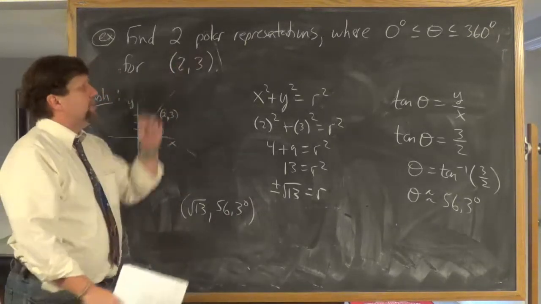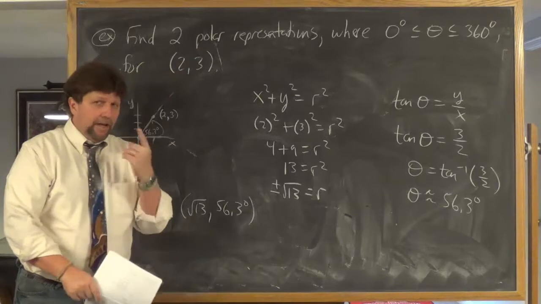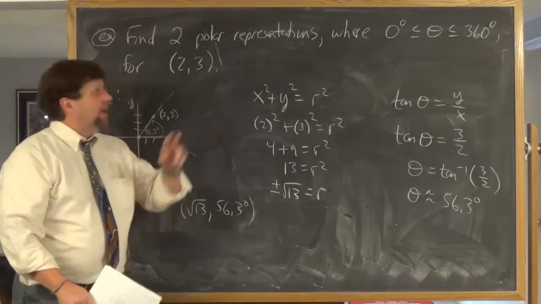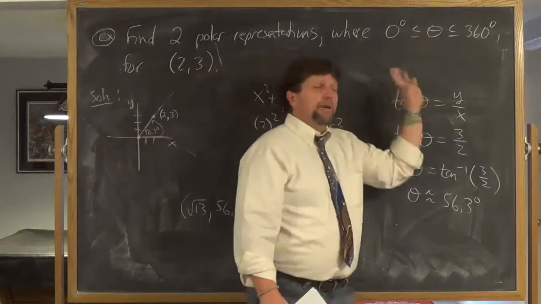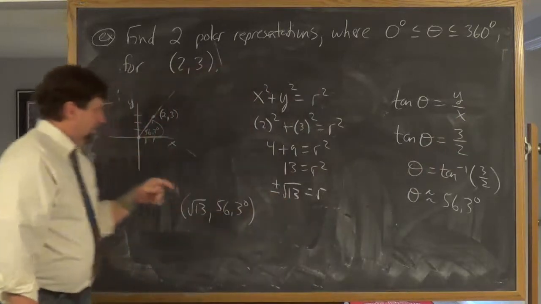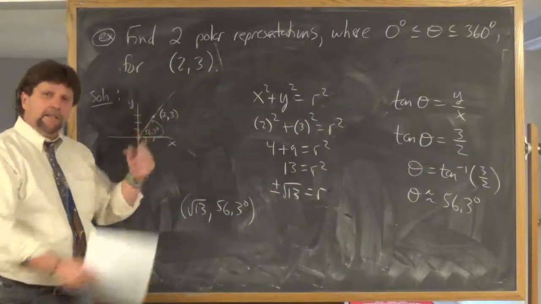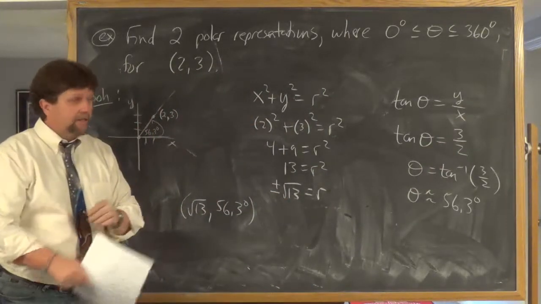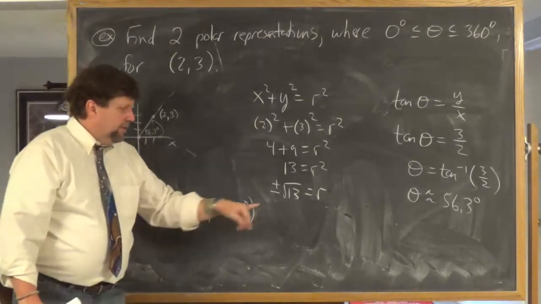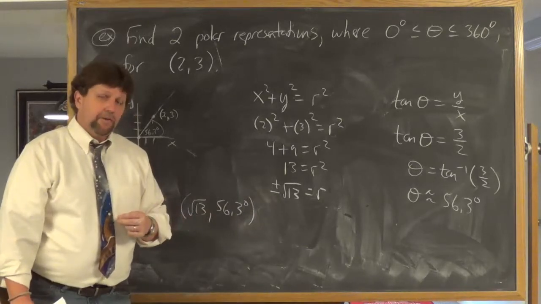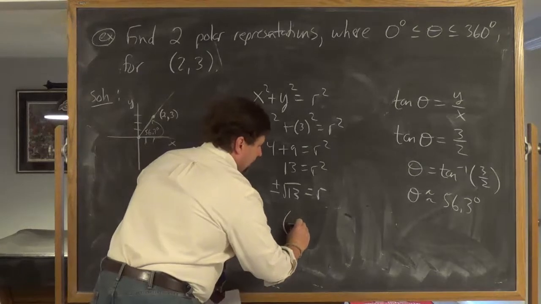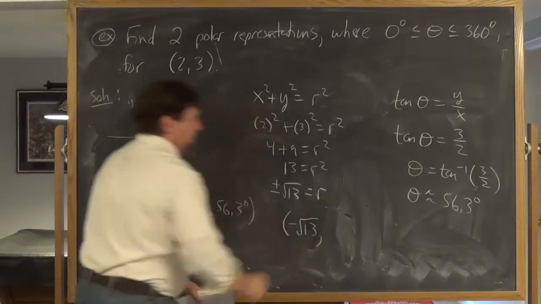But I want to find two polar representations, and all I have right now is one. For my second polar representation, I have to satisfy theta being between 0 degrees and 360 degrees. That prevents me from simply adding 360 to this, because that would be more than 360 degrees. I think my second polar representation is going to use negative square root 13 for r.